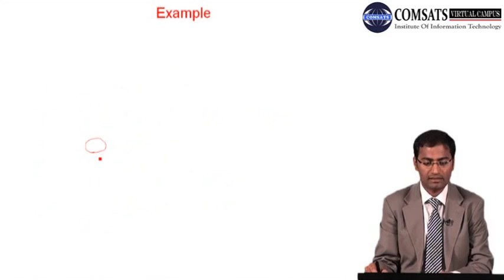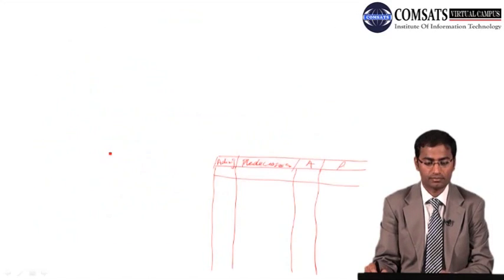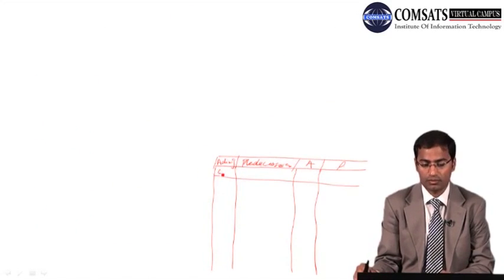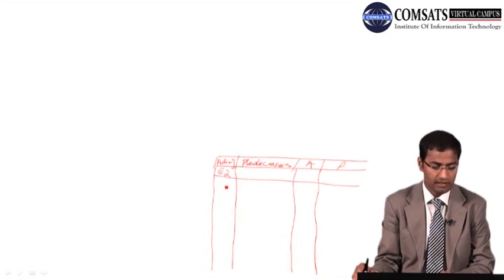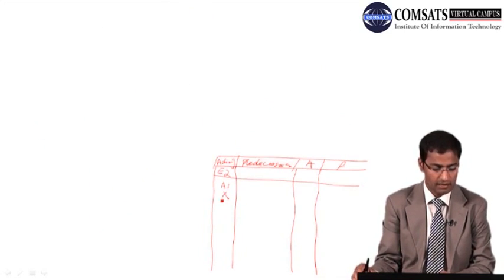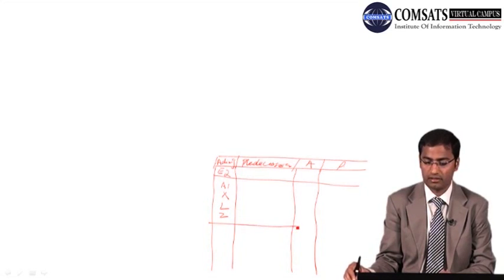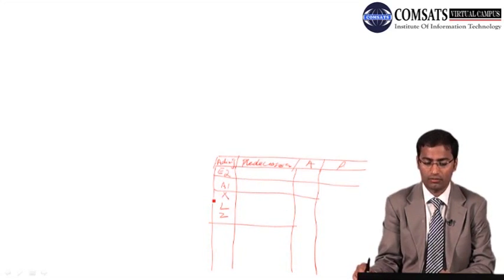So let's write E2, and E2 is dependent on nothing. And then there are A1, X, L and Z, and they are dependent on E2.